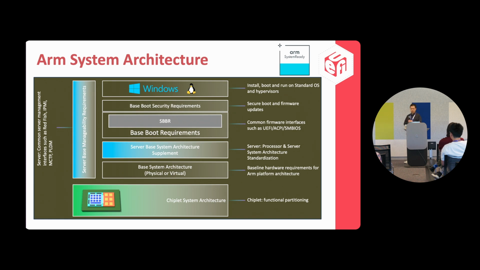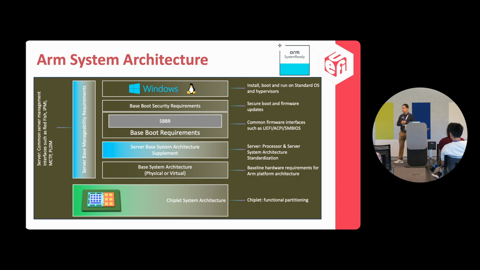It doesn't really matter, as long as they use a similar approach to get the system up and running, then this is the System Ready band. Typically, the most mature thing that we have today is for the server space.